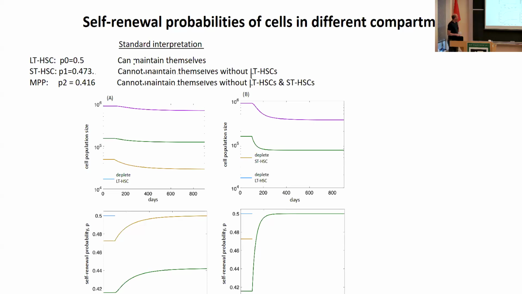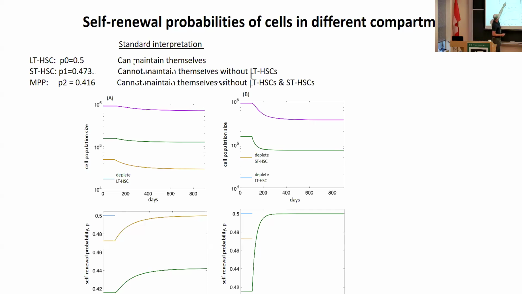Okay, so these are some simulations of this system that I showed you, and we are at equilibrium, homeostasis. The parameterized model has all the parameters of the experimental system. What we do here now is we computationally deplete the long-term stem cells and see what happens in this model. Although you have these self-renewal probabilities, if you deplete the long-term stem cells, the system does not actually go extinct.